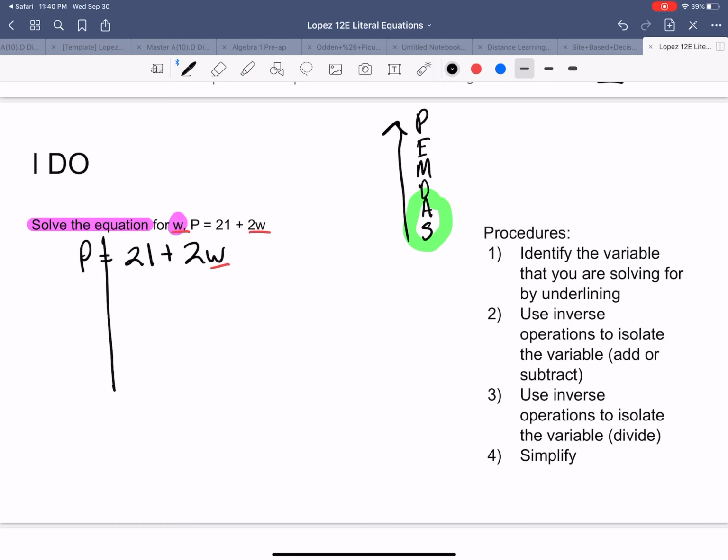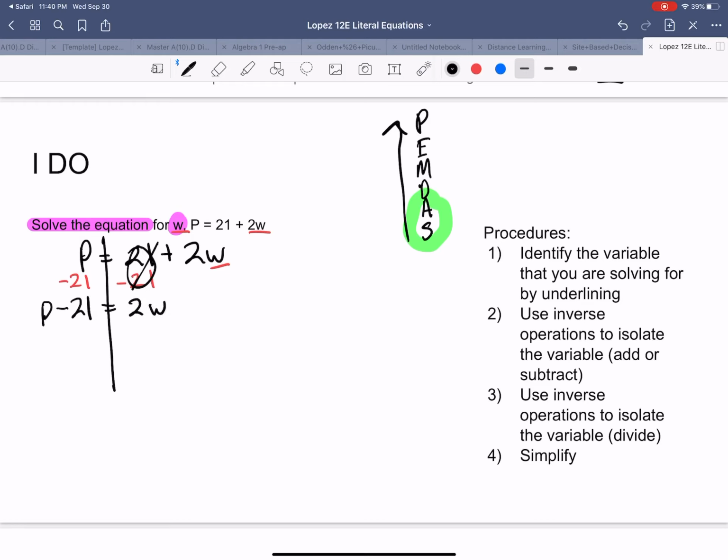And so looking at the variable that you want to isolate, is there anything that's adding or subtracting? Well, it says 21 plus this, so that means since this is 21, I've got to do its inverse to find its zero pair. Minus 21, minus 21. 21 minus 21 gives me 0. P minus 21, can't subtract those because those are not like terms.